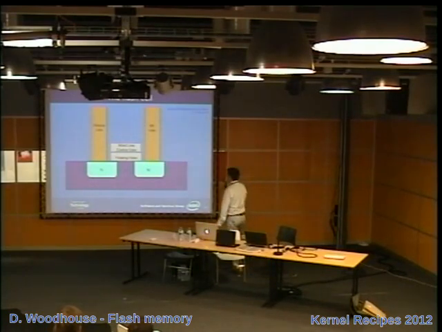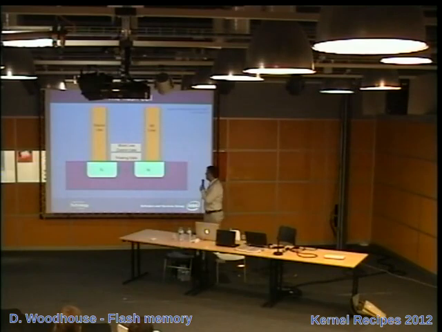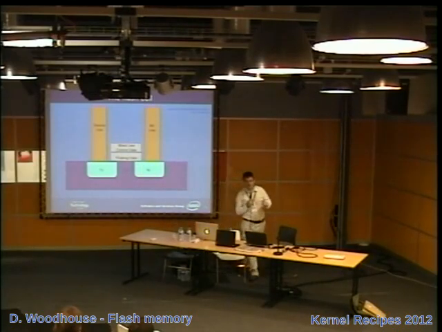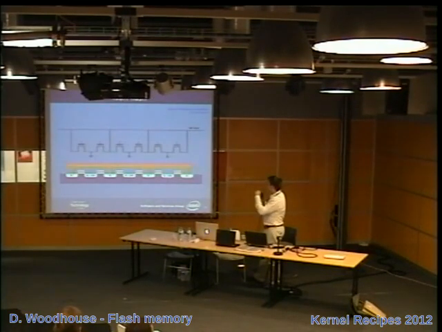And you charge it. I've forgotten the precise details, but you charge it by putting a high voltage on one of the lines to actually force electrons to jump into the floating gate, so that the programming of the flash and the erasing is done with high voltages across it.